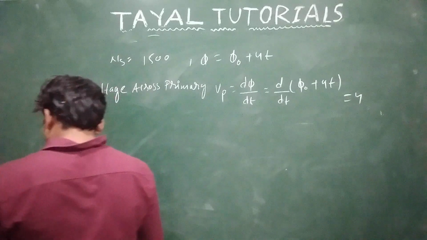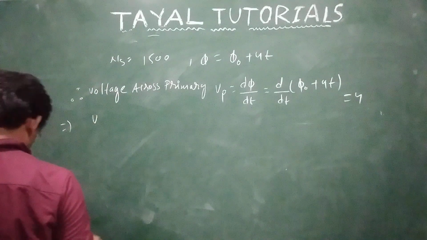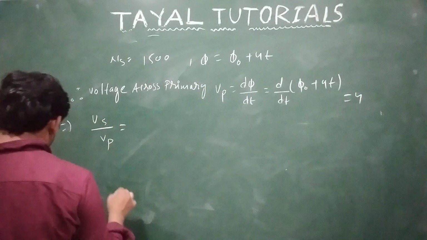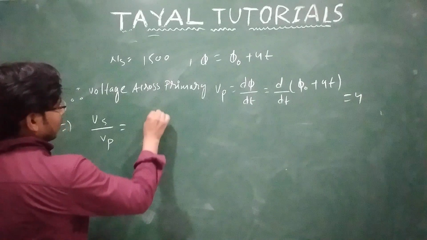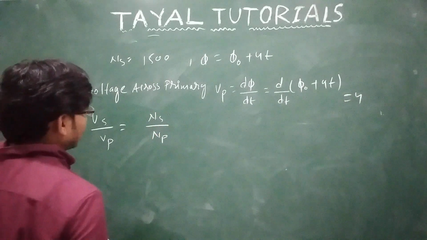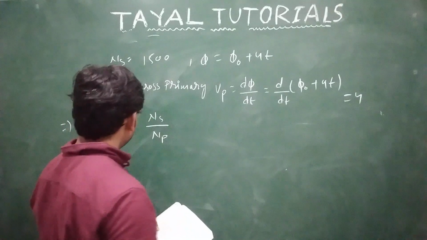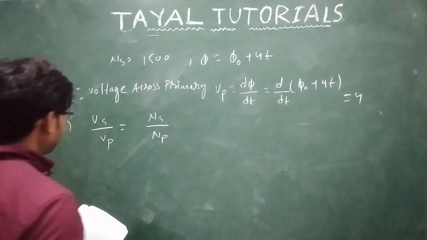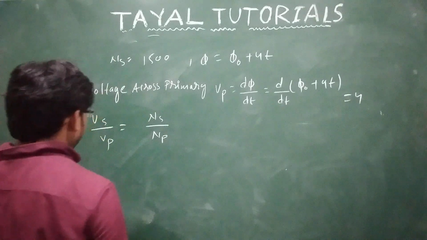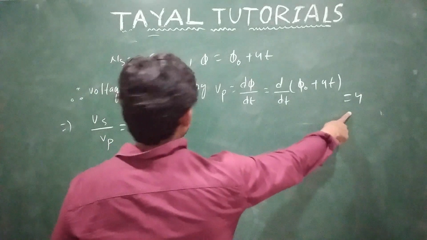Now, as we know, a very famous equation in the transformer: secondary voltage upon primary voltage is equal to secondary number of turns upon primary number of turns. They are asking the secondary voltage. From here we can calculate the secondary voltage, simple. ns by np and Vp we have calculated, which is 4.